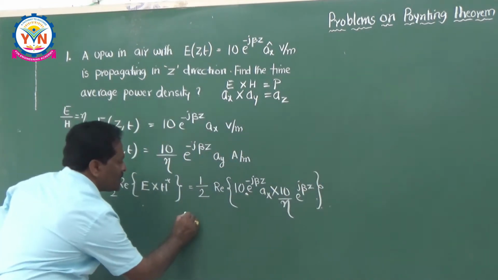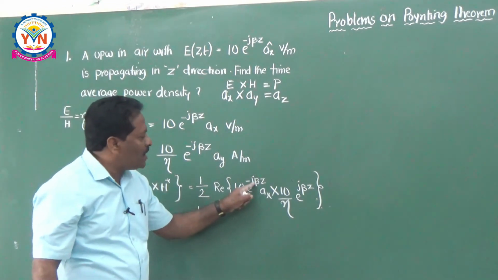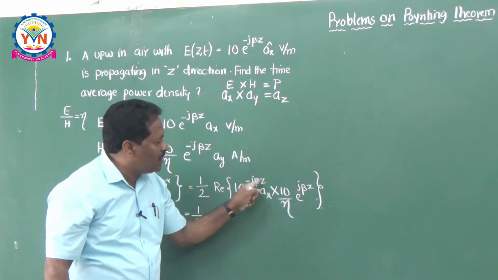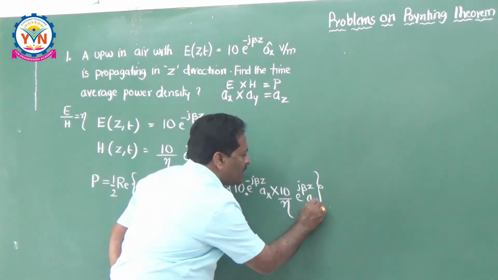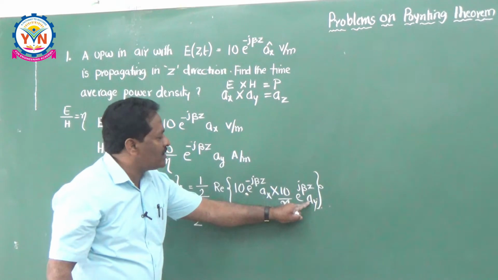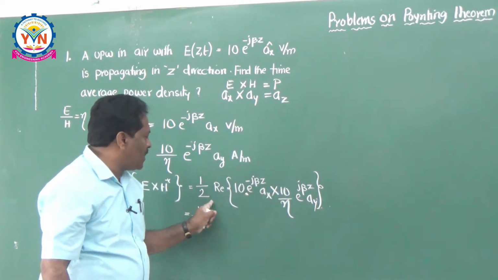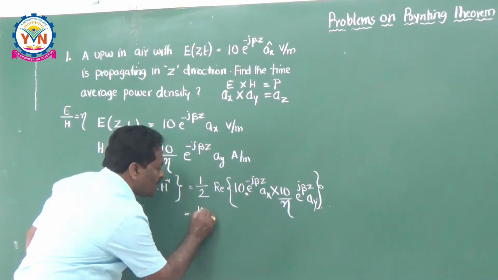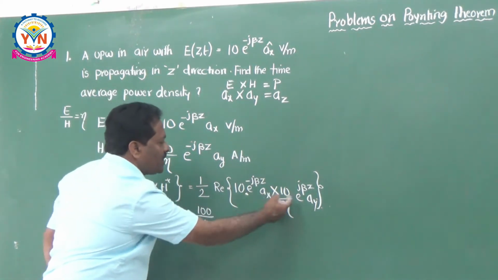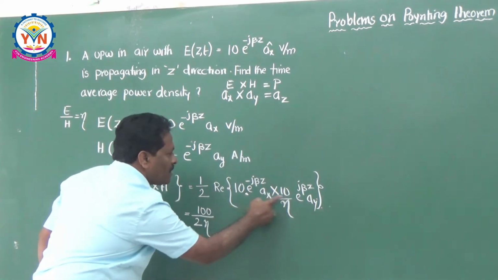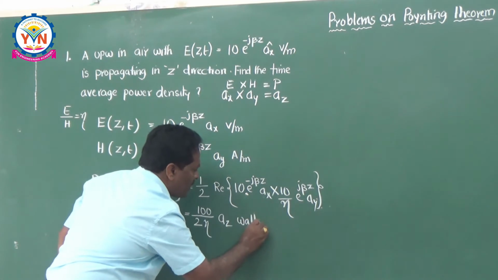So this is equal to half into e to the power of minus j beta z plus j beta z, which is e to the power 0, that is 1. And it is in the y direction, and a_x cross a_y is nothing but a_z. 10 into 10 means 100, so 100 by 2 eta. In which direction is it? a_x cross a_y means a_z, watts per meter square.